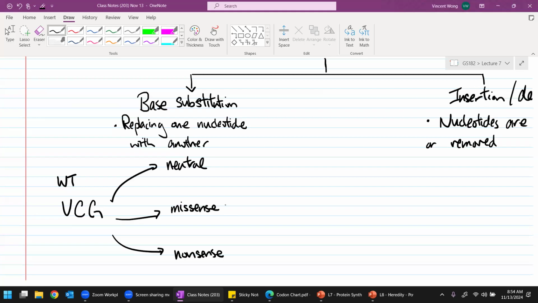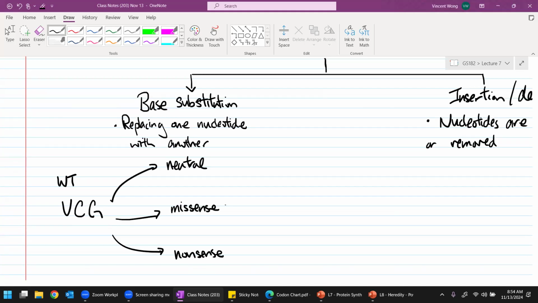Are you okay? No? Okay, so you write down the original version. Okay, what is UCU, what is it called? Okay, so for neutral, you need to change it so that it's still the same amino acid. Okay. So we have to change one of the letters, one of them, so that the amino acid does not change.